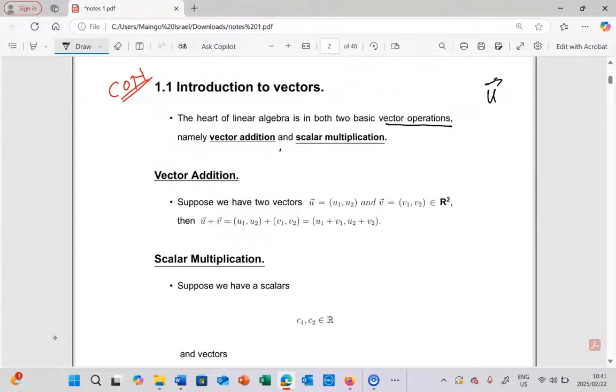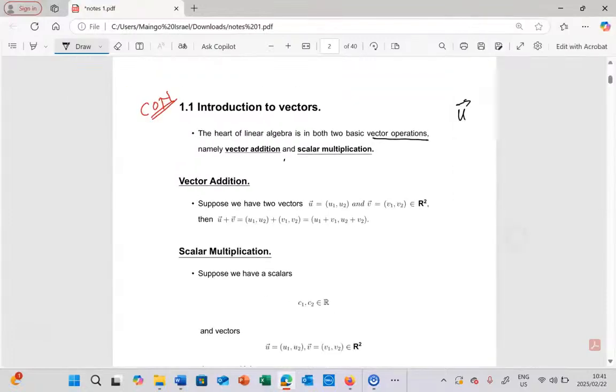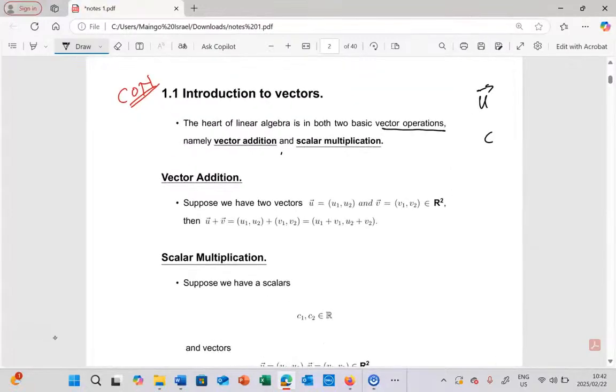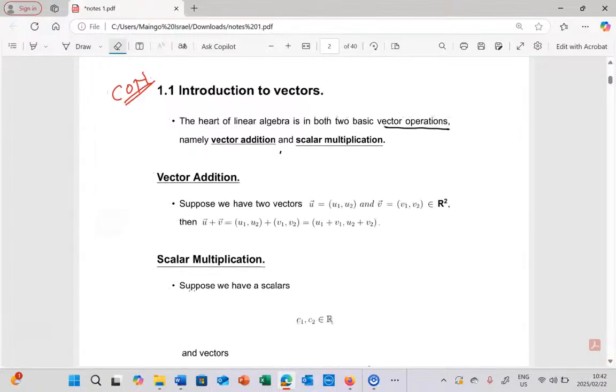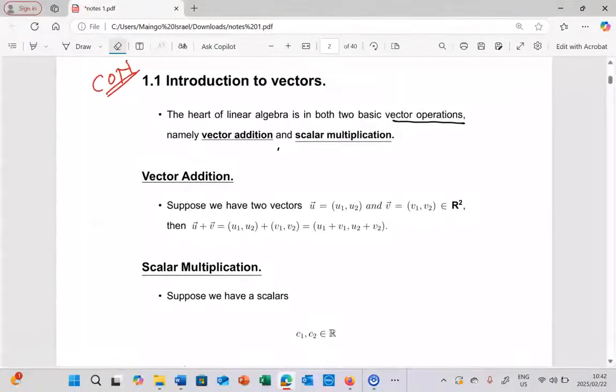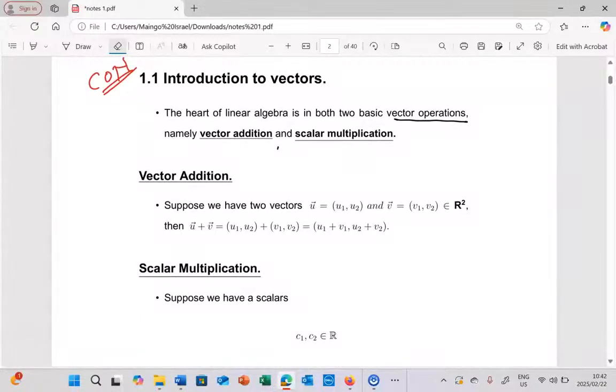But a scalar is any letter written without a direction, just like c, d, whatsoever. They can be any letters. Now, introduction to vectors.